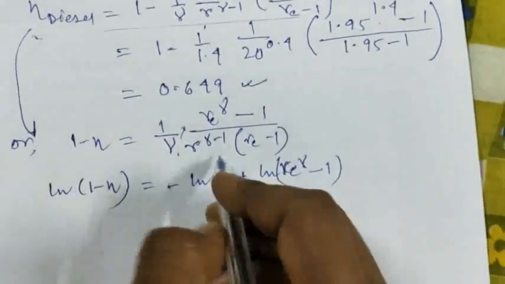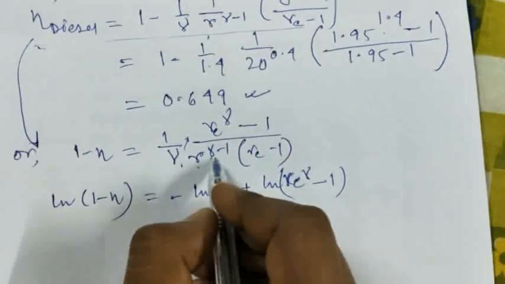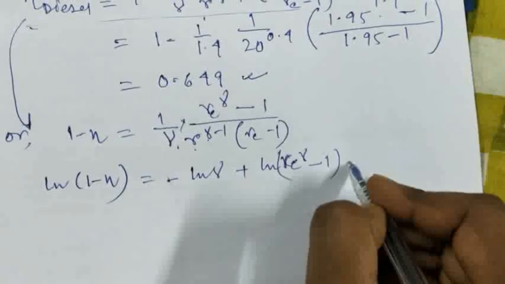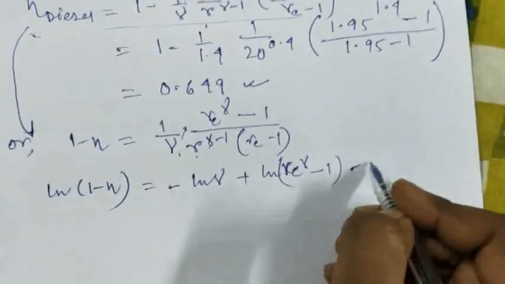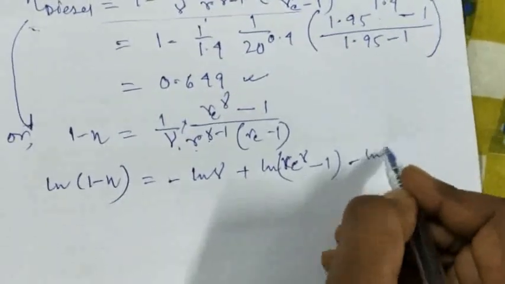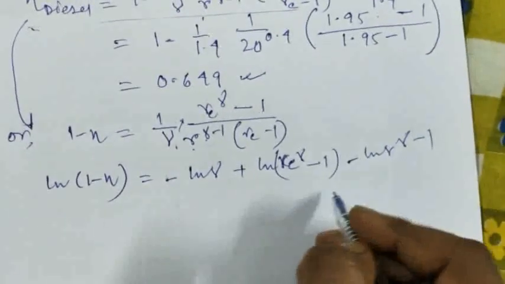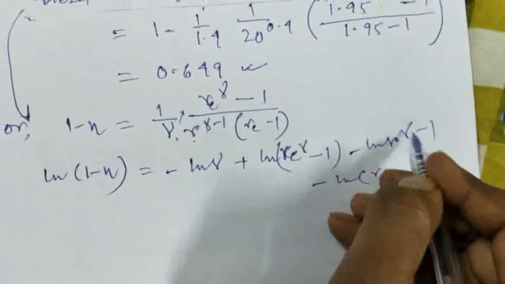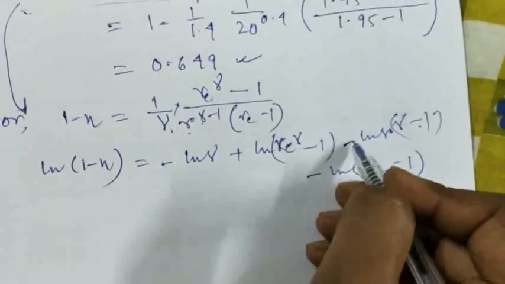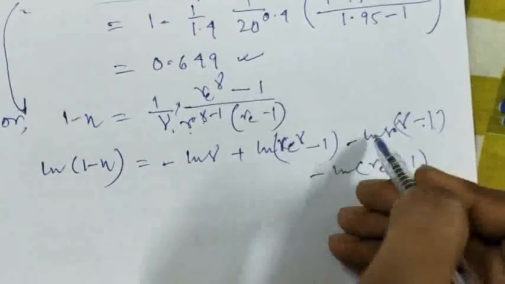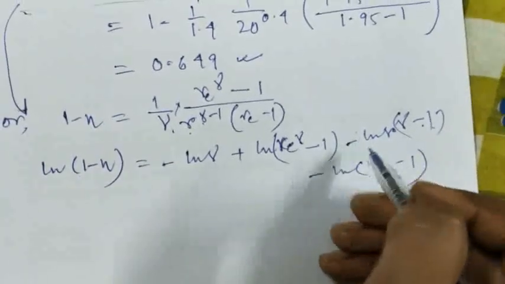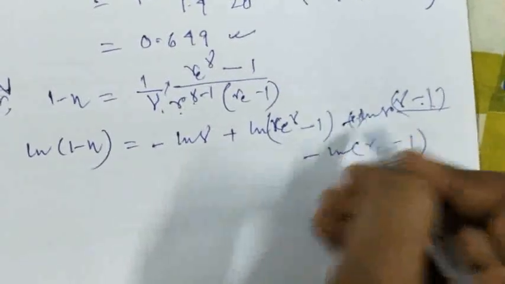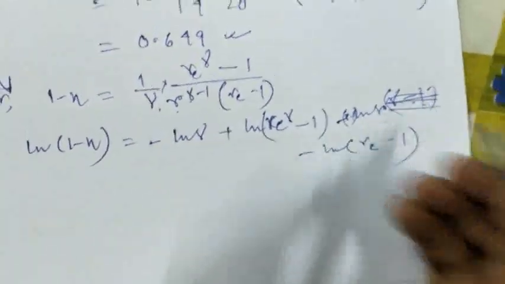In the denominator there is r to the power gamma minus 1, so we write minus ln r to the power gamma minus 1, minus ln of rc minus 1. This gamma minus 1 will come to the front, and we can write it over here.